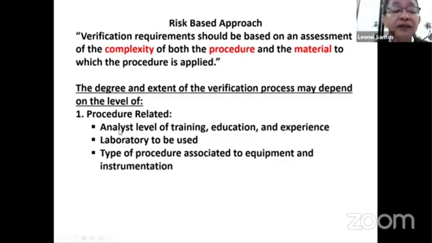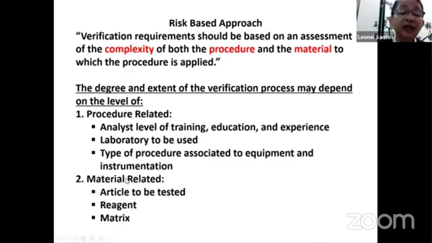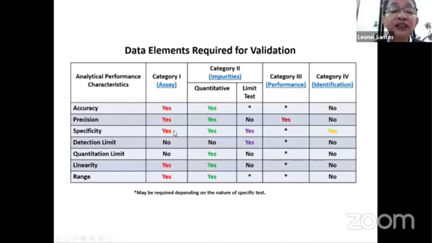Those are dependent on the analyst's level of training, the laboratory that is being used, and the type of procedure associated with the equipment. The second thing is material-related: the sample, the article to be tested, the reagents, the matrix. So these two external factors are considered in the verification process.